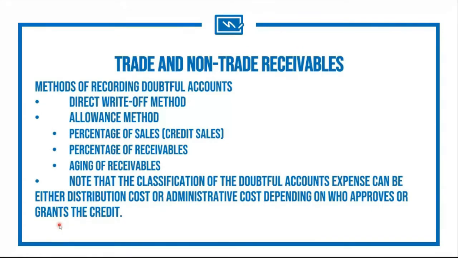However, there are situations na ang nag-grant ng credit is also the sales department. So in that case, sales na kayong nagbebenta, sales pa yung nag-grant ng credit. So the doubtful accounts will now be treated as distribution cost. Kasi ang nag-a-approve si sales department. Okay? So ganun lang naman yan.